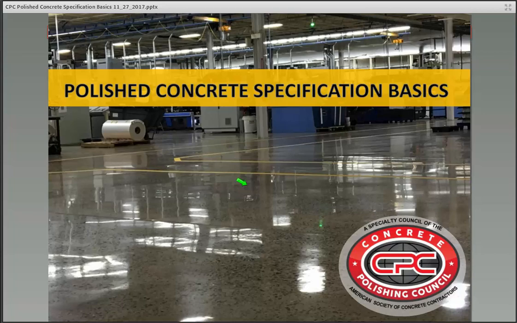What you see here, which is kind of interesting, is this is an industrial space, and this floor used to have an industrial epoxy on it. That was completely removed. Therefore, you are seeing some of the Class C aggregate exposure. And this was done with some PVC lines. So these were not line stripes with an epoxy overwork.